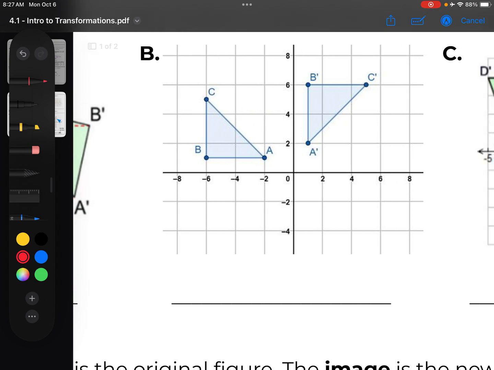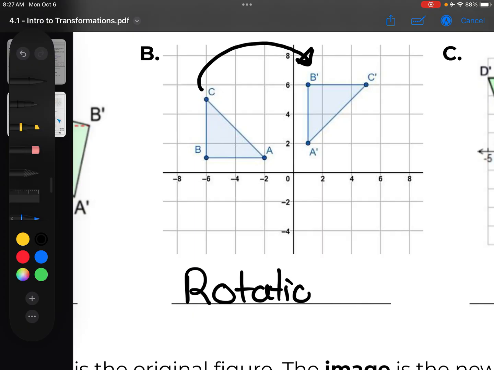Part B, we start at our original pre-image, and that image is then rotated. If it rotates this way, where the arrow is pointing, that is known as a clockwise rotation. So this is a rotation. We could also call it a turn.